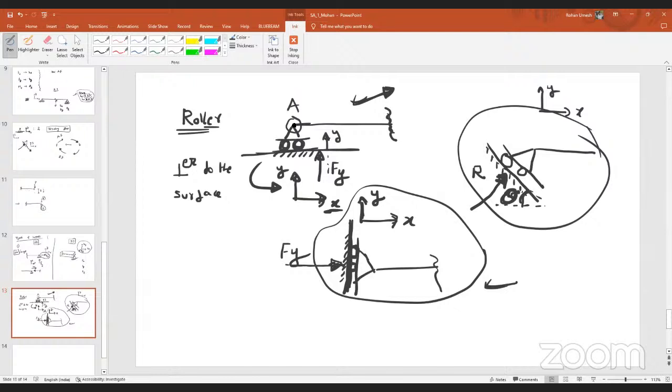Which deflection is 0 and which deflection is not equal to 0? Anything you can ask. Why? In this case, the deflection along Y is equal to 0. In this case, which deflection is equal to 0? You can see, I have changed the reference planes again. X again. I can say deflection along X is equal to 0. What about in this case?